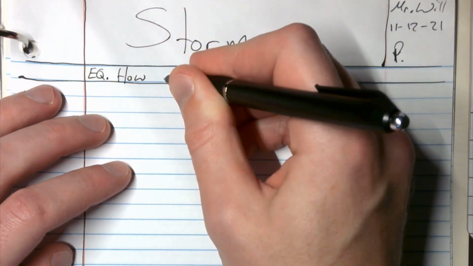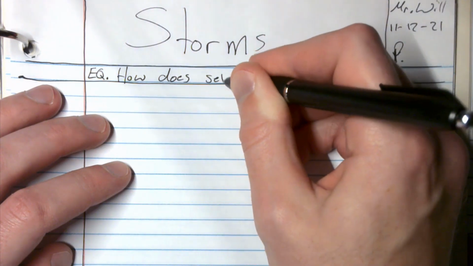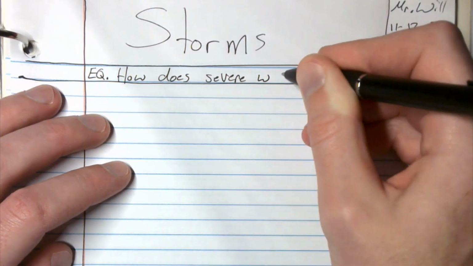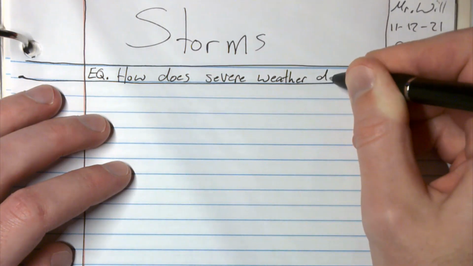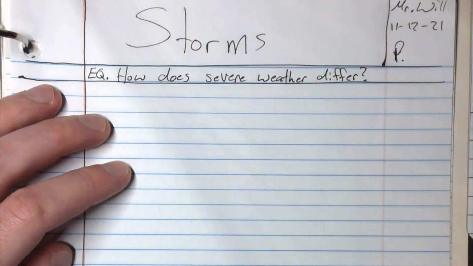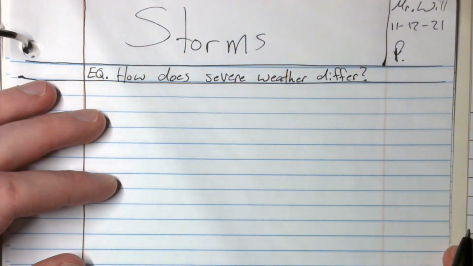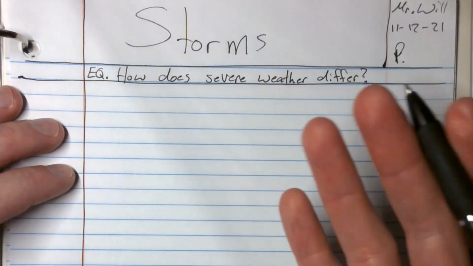How does severe weather differ? That means how are they different? So we're going to go through a bunch of different kinds of storms and talk about the differences between them.